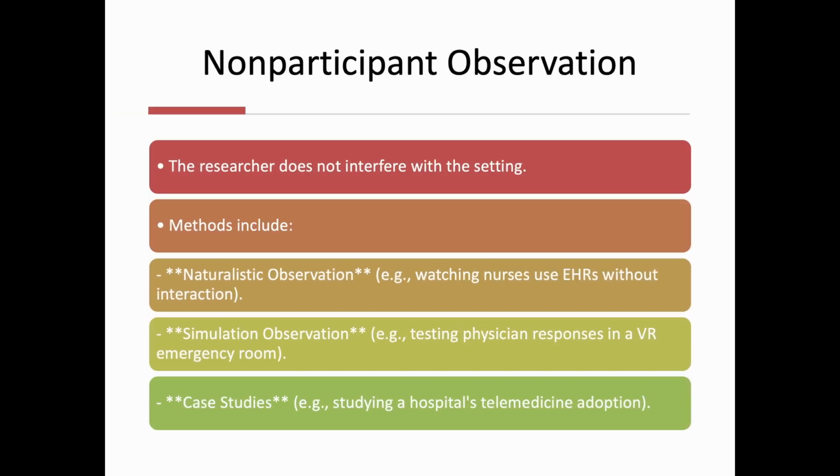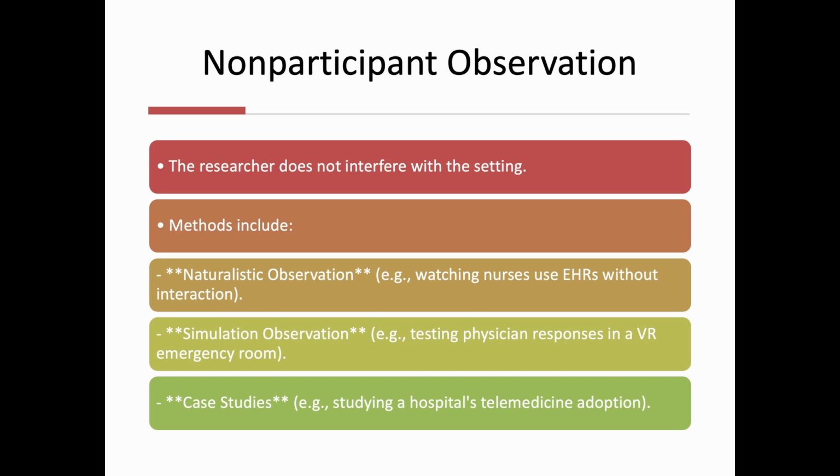With these objectives in mind, let's now explore the first major category of observational research, the non-participant observation. Naturalistic observation is a method that involves observing subjects in their natural environment without any interference.